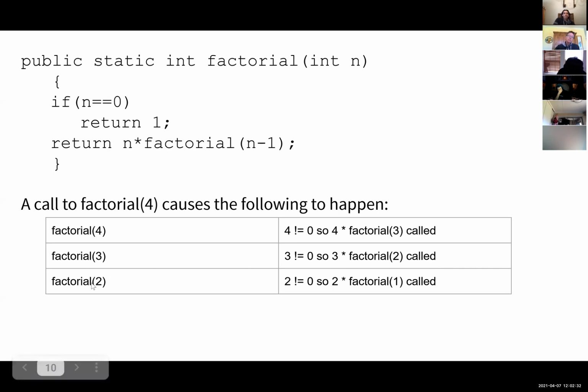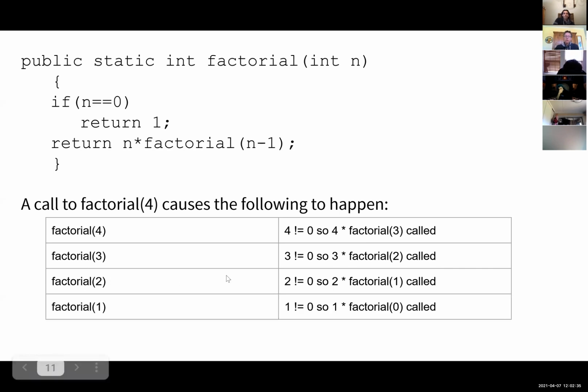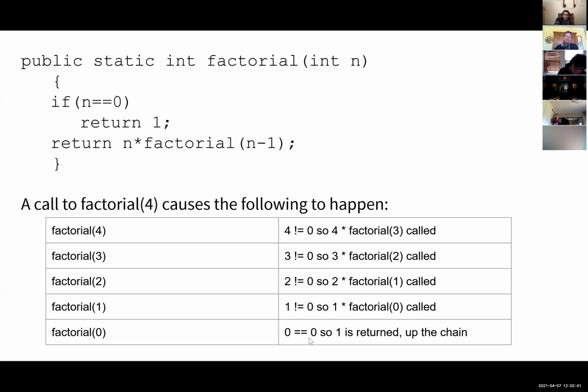And the 3 calls the 2 calls the 1, and the 1 is going to call 1 times factorial 0. Now, finally, 0 is 0. That's this line up here, if n equals 0. So instead of calling it recursively, it returns a 1. So then you can imagine, it just goes right back up the chain. So this bottom one puts a 1 right here.